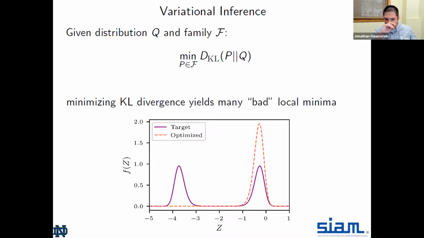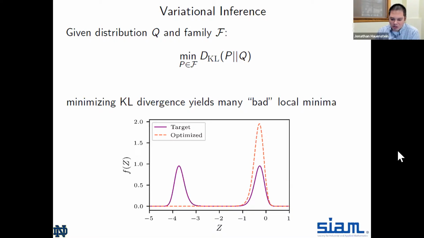So for example, if our target distribution is a simple bimodal distribution, when we apply this minimization, we end up at many of these bad local minima, where you only capture, say, one of the peaks. So it's great in theory until you actually apply it in practice, and you end up with all these bad local minima that you don't want to find.